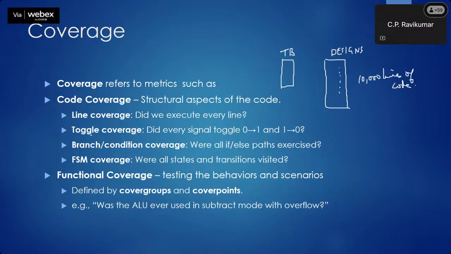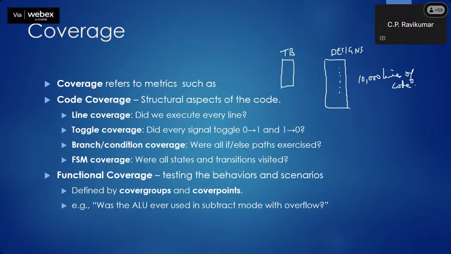Are they good measures of verification? Nobody is very clear about these things. These are metrics that, if they are there, somehow make you feel better that we have a better coverage.